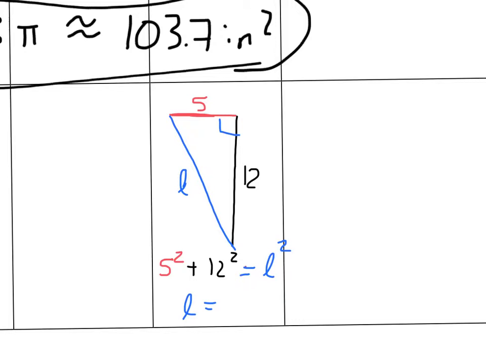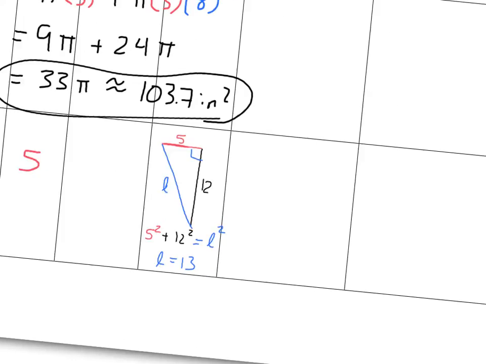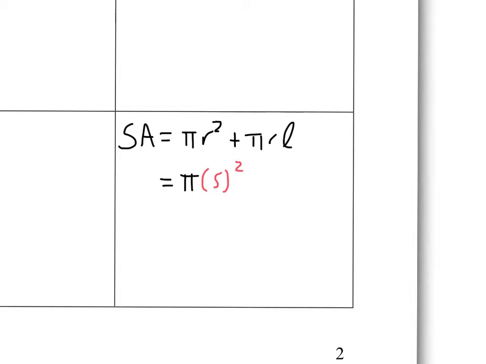So L is 13. Now, again, we just plug the 5 and the 13 into our handy-dandy formula. The surface area is equal to pi r squared plus pi r L, which is equal to pi times 5 squared plus pi times 5 times 13.